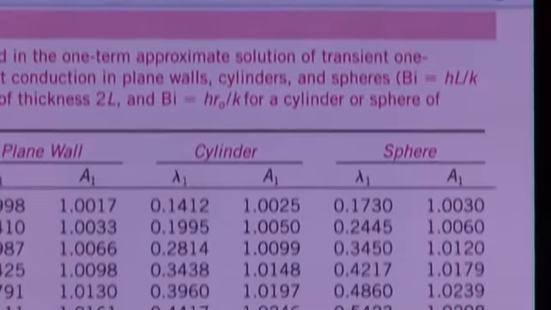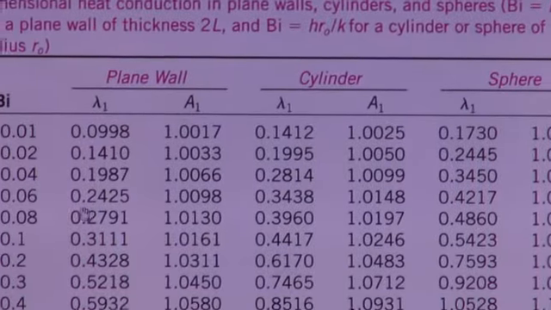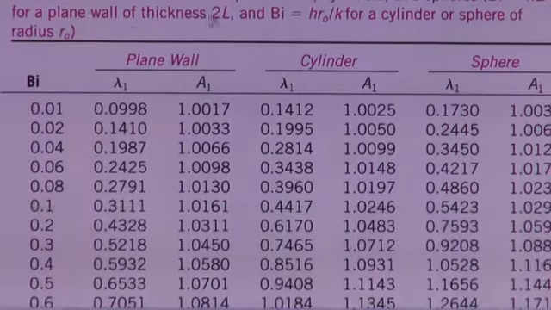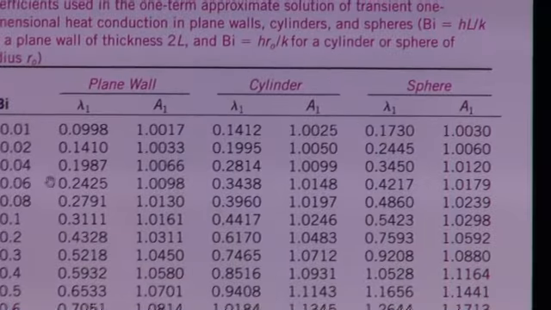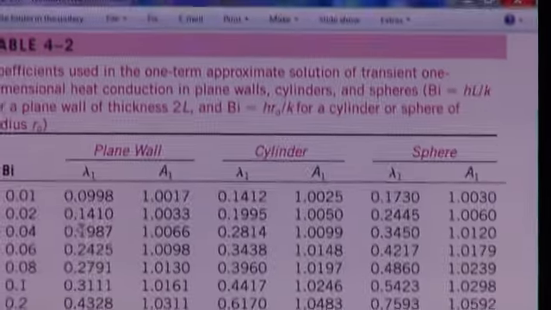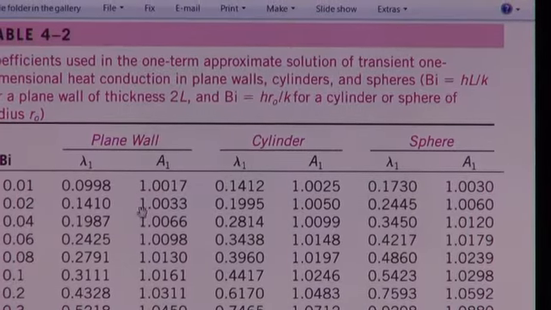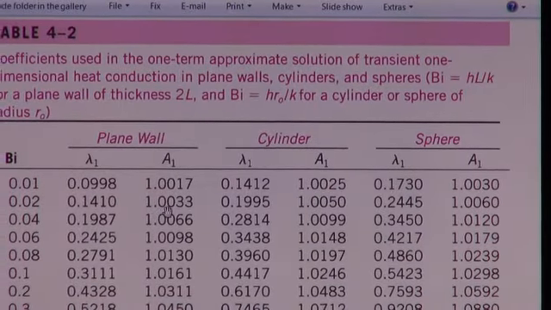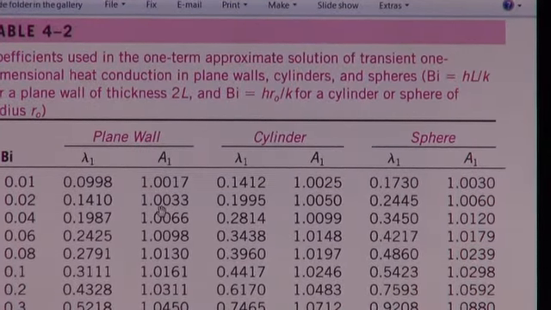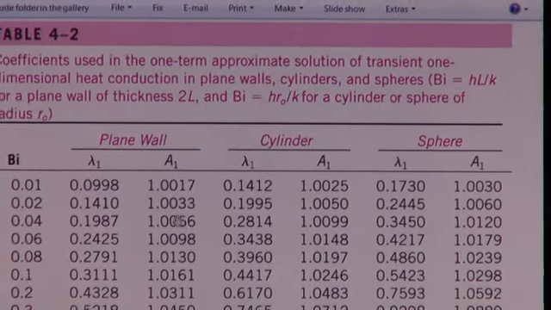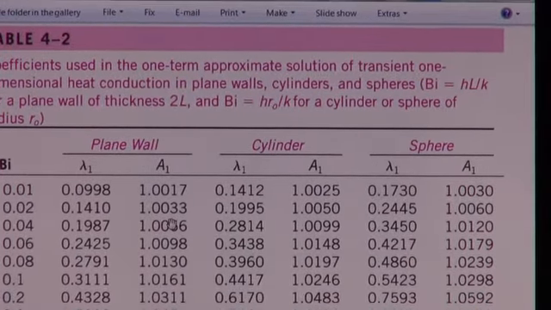There you go. Plane wall, the cylinder, and the sphere for different Biot numbers, and we do have the Biot number. The Biot number is 0.03. So it should be between those two values for lambda, and between those two values should be A1. You agree? You happy with that? And you will see A1 must be approximately 1.